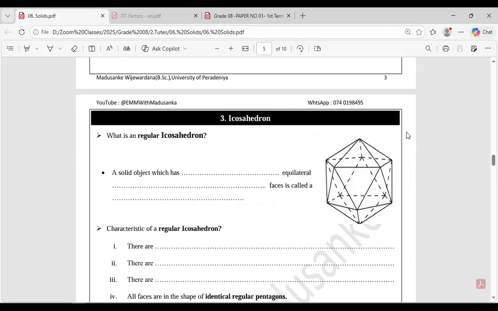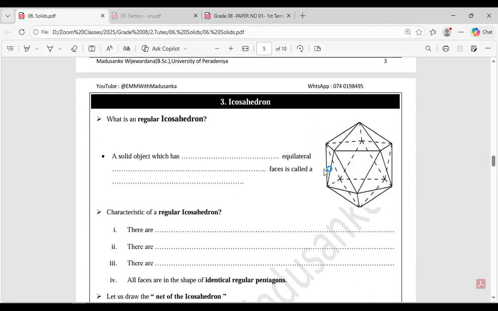Then we are discussing this one. This is called the icosahedron. You can see each and every face is a triangular shape.